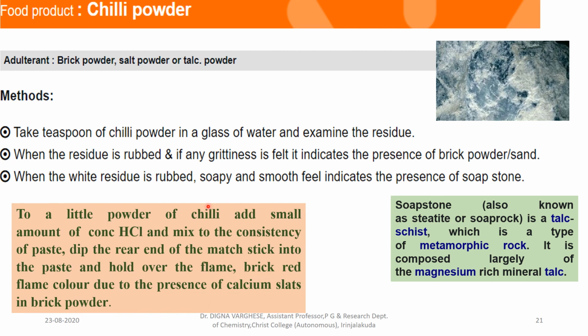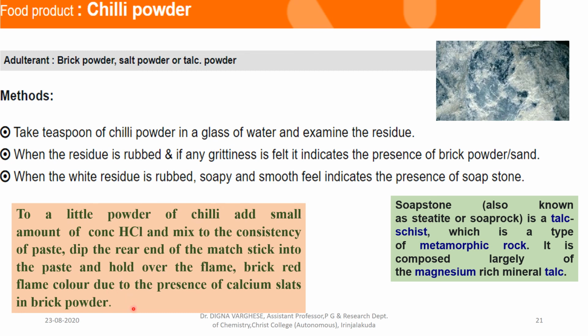Another method used to find brick powder is to take a little of the chili powder, add a small amount of concentrated HCl and mix to the consistency of a paste. Dip the rear end of a matchstick into the paste, or a glass rod we can use in the lab, and hold it over the flame. Brick red flame color is due to the presence of calcium salts in brick powder.